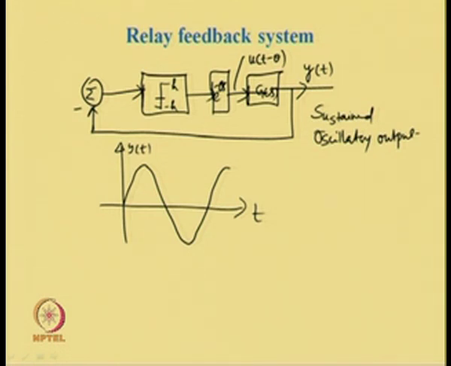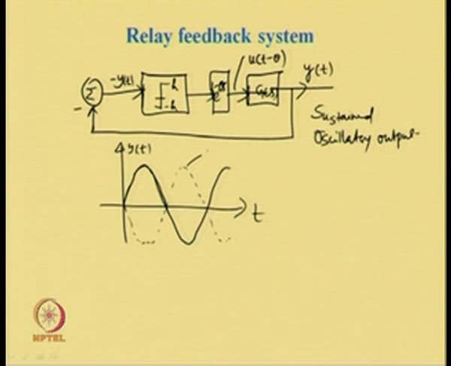When the output is positive, when the output is like this, during that the input to the relay becomes minus y(t). So, the input to the relay will be inverse of that. The dotted line shows the input to the system, which is nothing but our u(t).